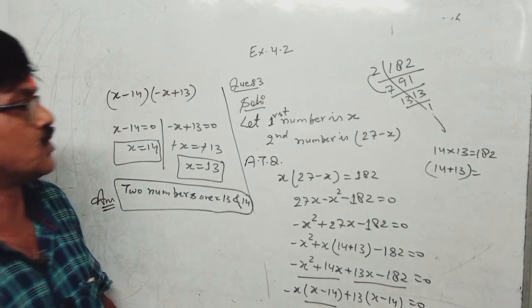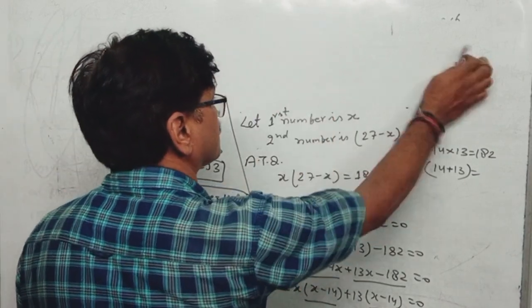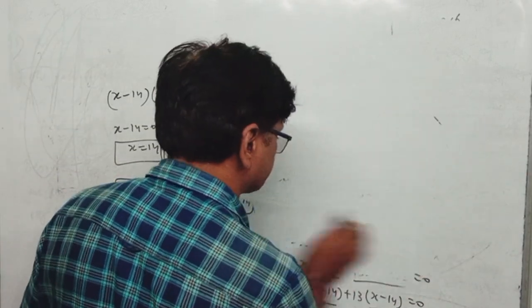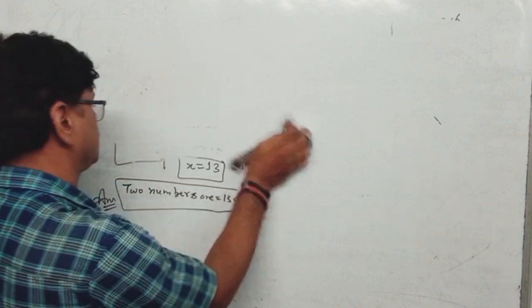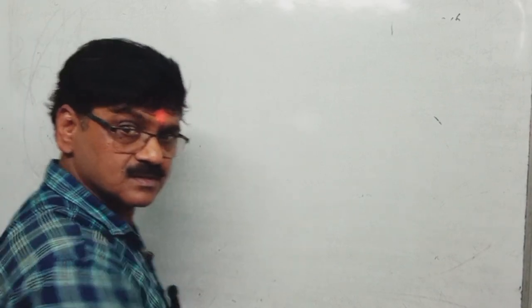Now I am taking question number 4. If two consecutive positive integers, find two consecutive positive integers, sum of whose squares is 365.